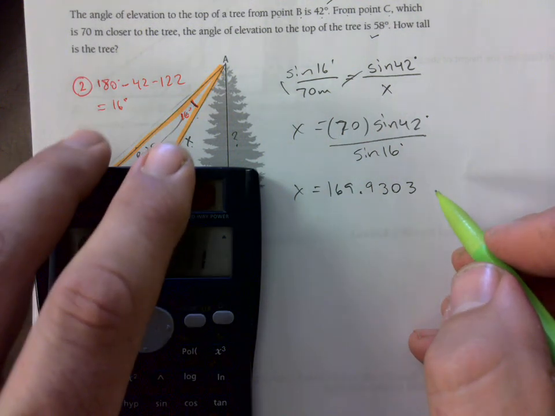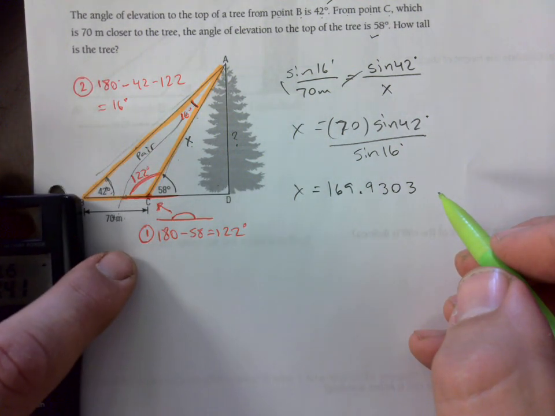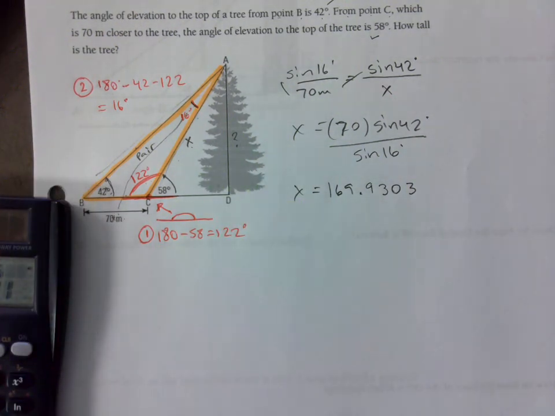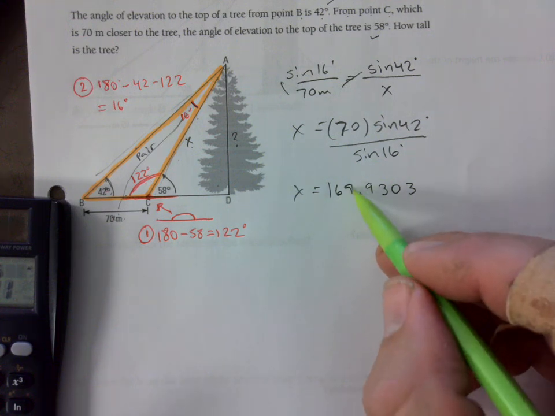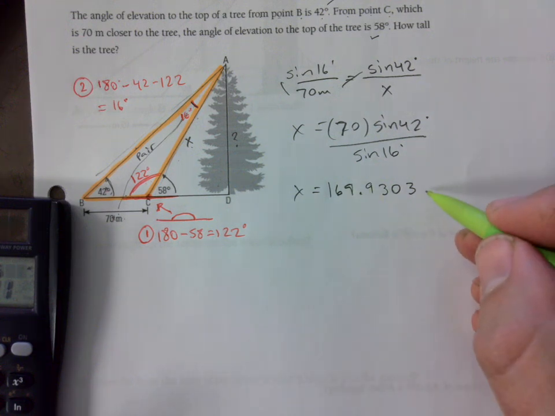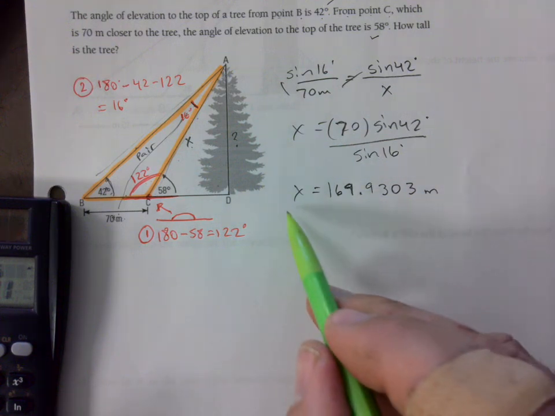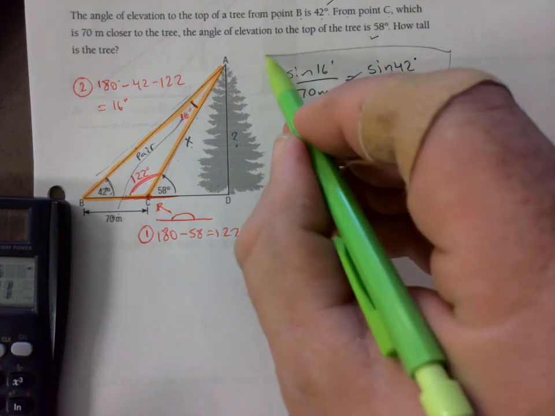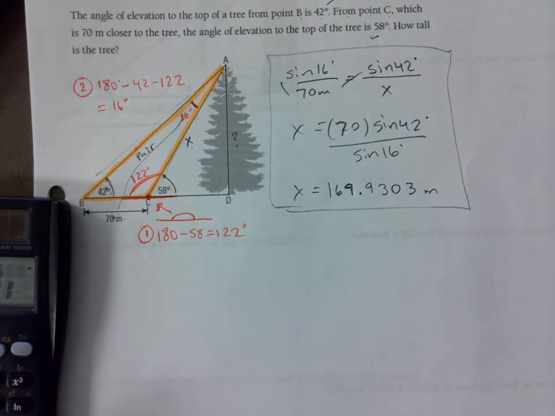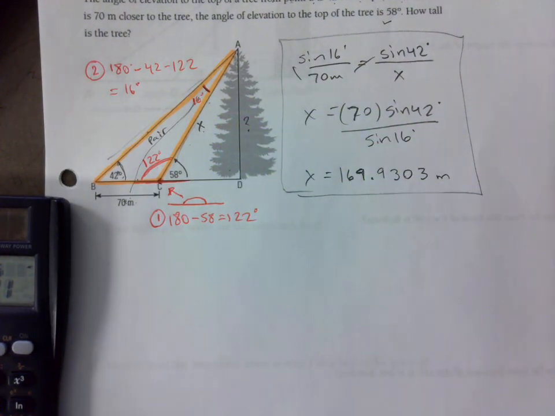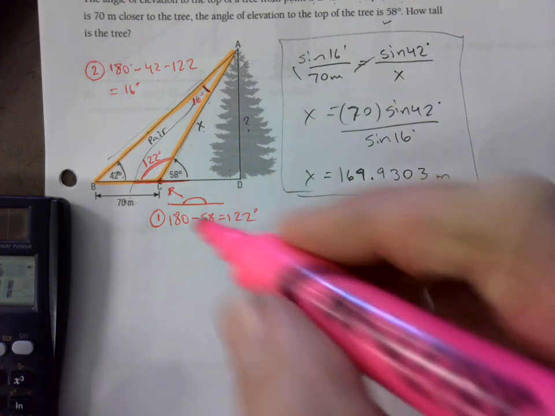Why 4 decimals? Because I'm not there yet. This is not a question that says A is this, now find B. We're still on our journey. So this is going to be in meters. I'm doubling my decimals here. So this is one chunk that I had to figure out, and that's this side right here. You like highlighters? I like highlighters.